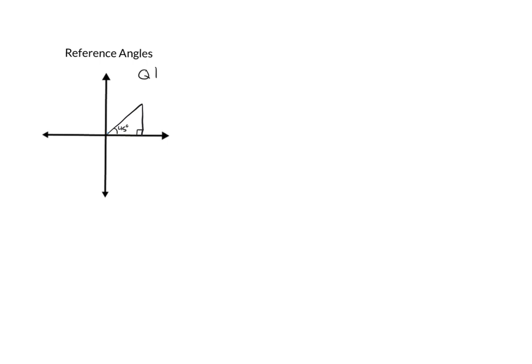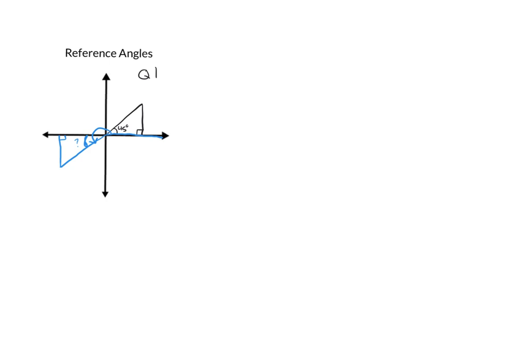So if we have an angle measure in quadrant 3, where the terminal side is in quadrant 3, the idea is, if we always draw to the x-axis, what is this angle right here, this reference angle that is always referring back to those special right triangles?